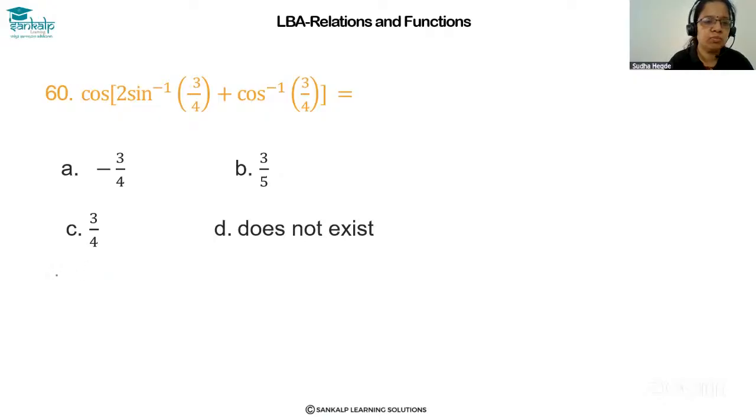Okay. So first let me take sin inverse 3 by 4 is equal to A.